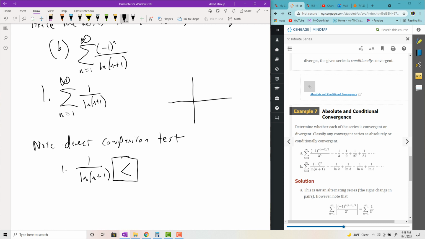In other words, I need to decrease the denominator, find something that's less than ln of n plus 1. So I need to decrease the denominator, make it smaller, therefore increase this side. Well, you can use a constant like ln of 3 or something, but that's not going to get you anywhere because that wouldn't converge.